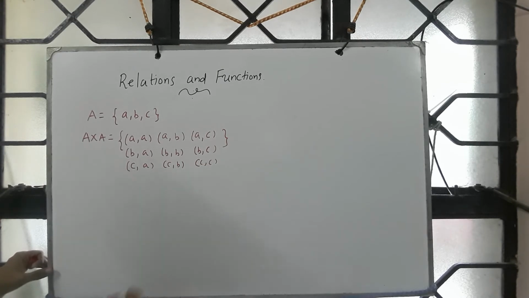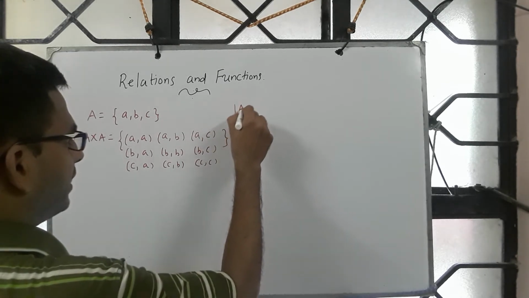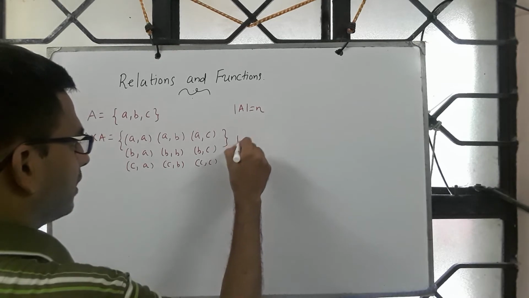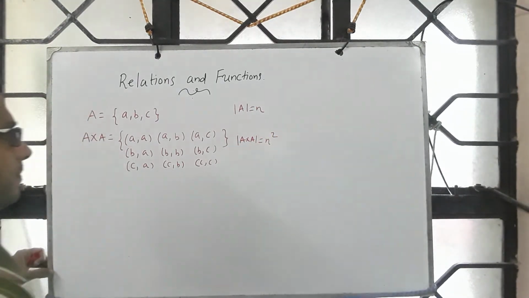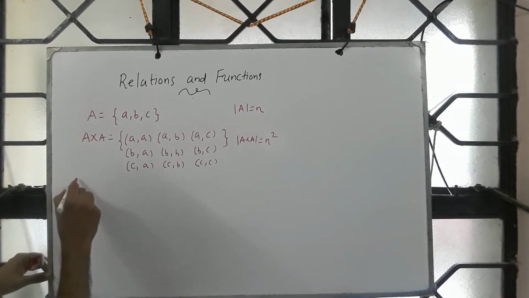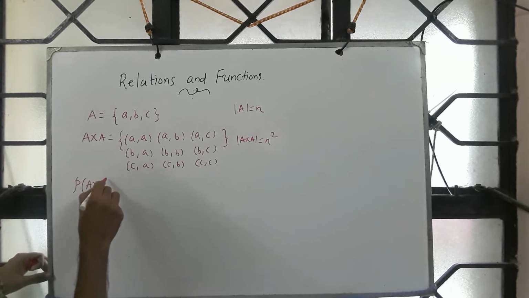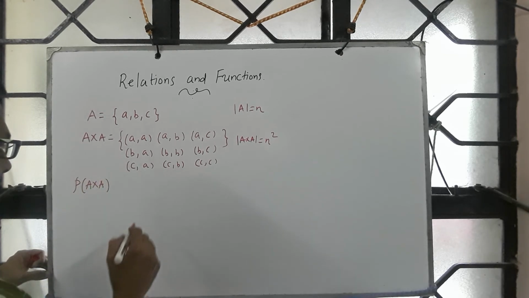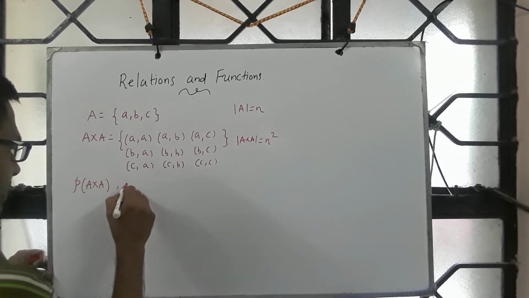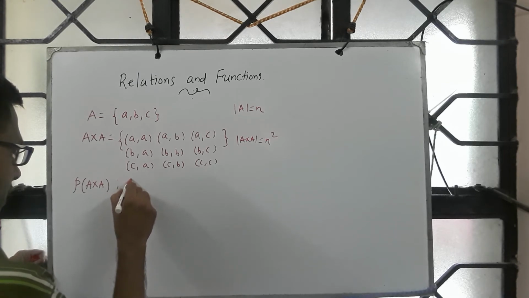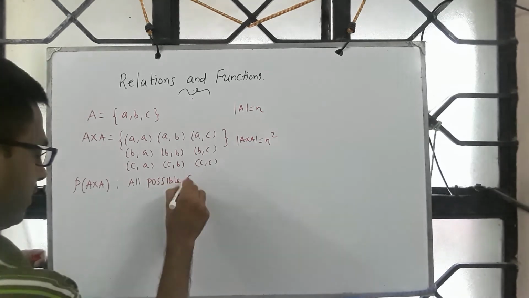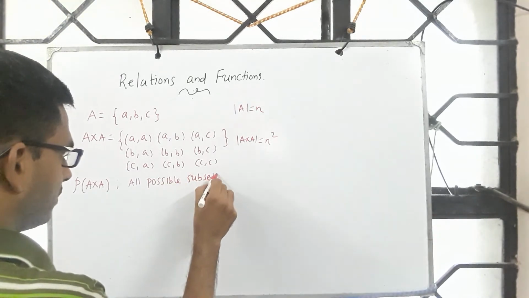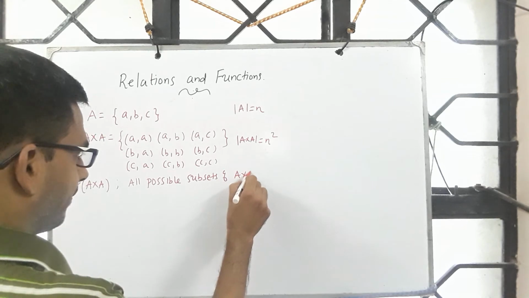We also saw that if the cardinality of A is n, then the cardinality of A cross A is n square. Then we looked at something called the power set of this, and that will give us all possible subsets of A cross A.